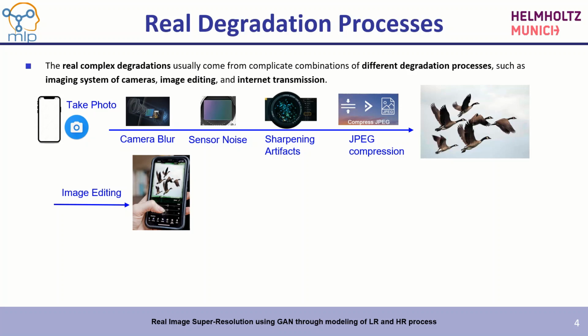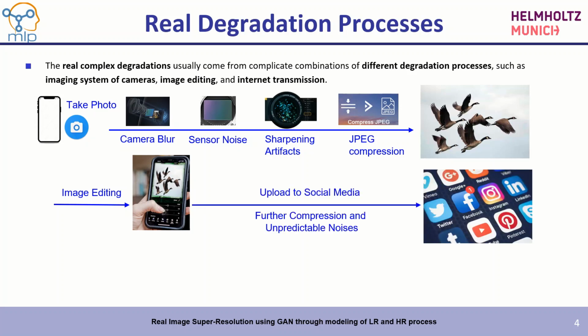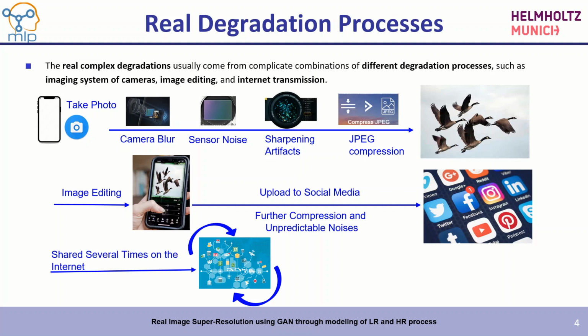Further, it goes into online or offline image editing tools and then is uploaded to social media with further compression and unpredictable noises. Lastly, it is shared several times on the internet. The whole complicated process makes the real SR problem more complex in the real world setting.